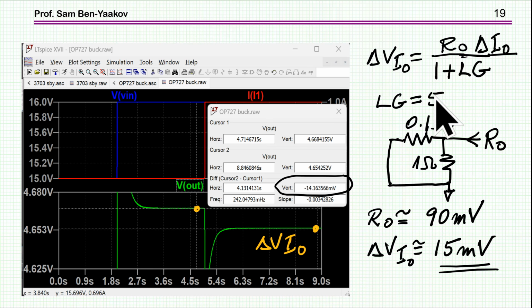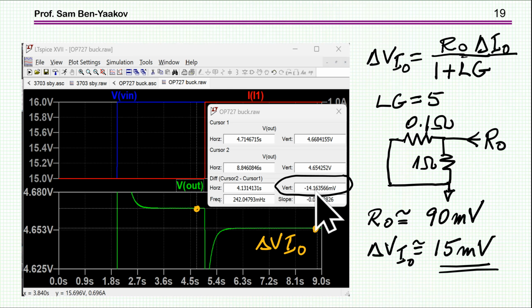Now the loop gain here is 5. The resistance that we see here is 90 milliohm, because it's 1 ohm in parallel to 0.1 ohm, 100 milliohm. And therefore, if you plug in the numbers into here, we get the expected change to be 15 millivolt, while we measure 14.16. I would say it's very good, excellent.